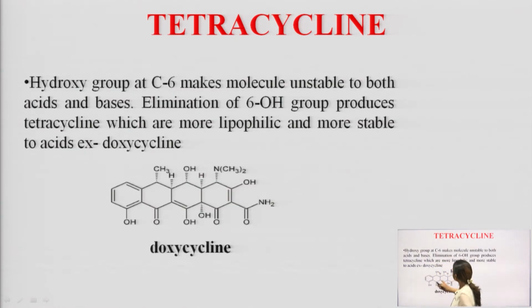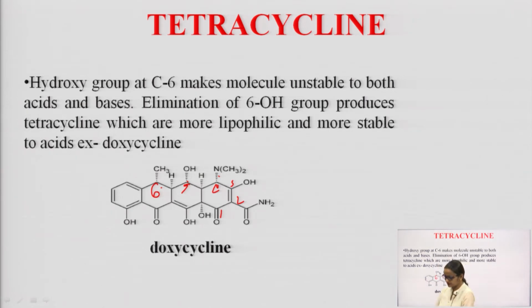Hydroxy group at C6, here is 4, 5, this is 6. The hydroxy group at C6 makes the molecule unstable to both acids and bases. That is why elimination of the 6-OH group produces tetracyclines which are more lipophilic and more stable to acids.